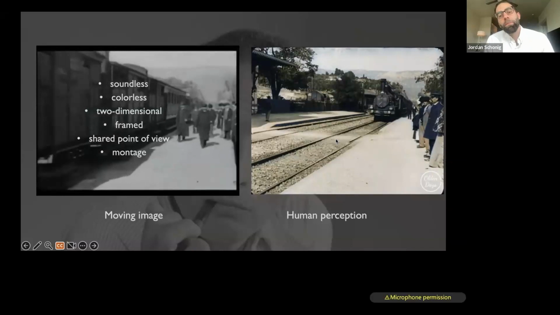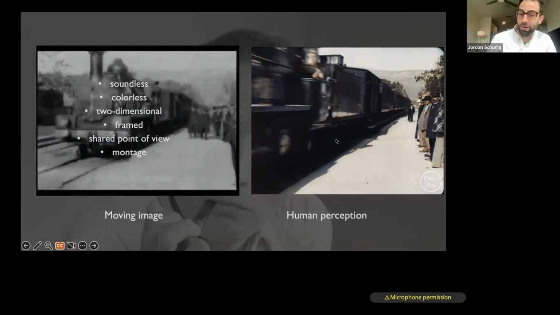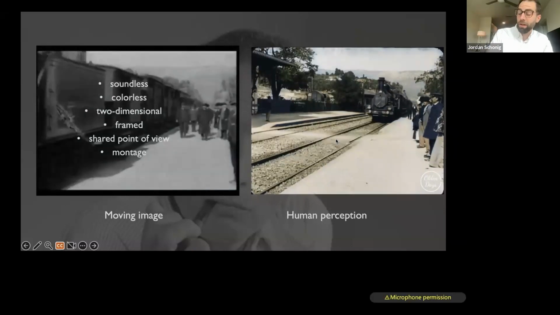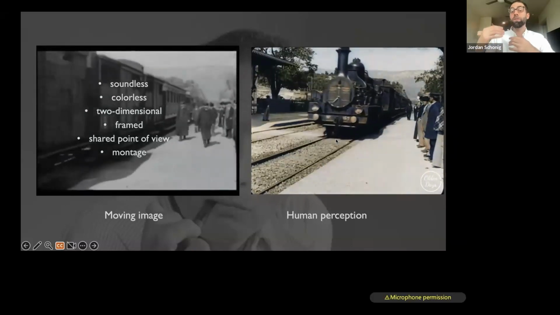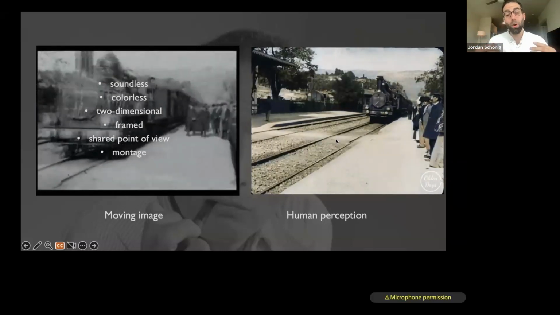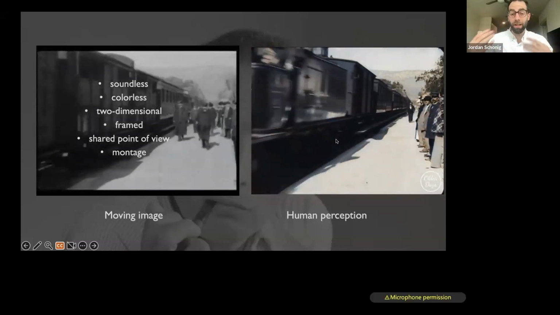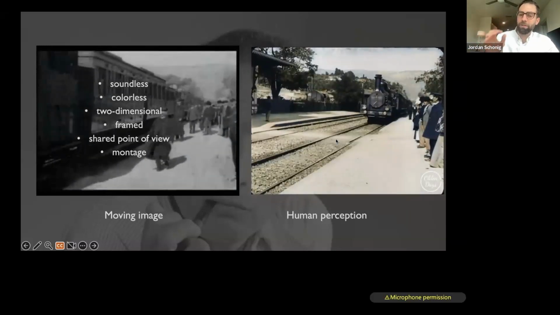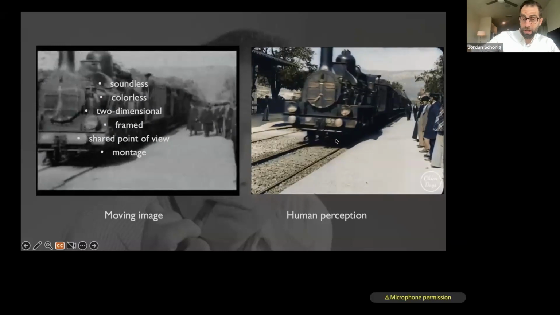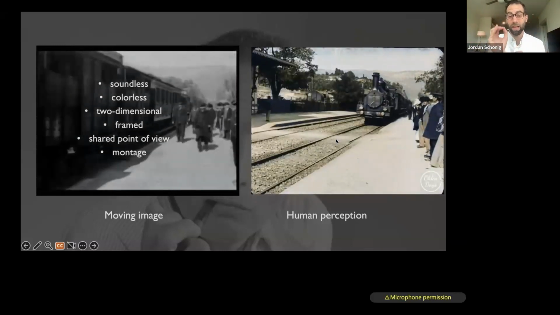So in the 19-teens and 20s, moving images were soundless, they were colorless, they were two-dimensional, they were framed. They had a shared point of view. So if a number of us were at the same train station, we would all occupy a different point of view upon the train. Similarly, if we were at a stage play, we would all have a slightly different viewpoint upon the action of the stage. What cinema does is it forces us to share the same point of view on the same action.